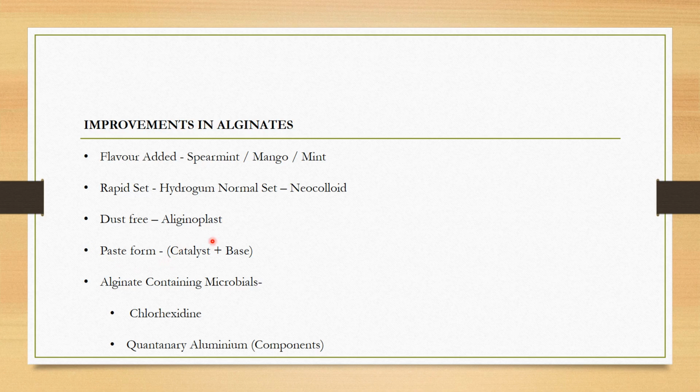There are base form catalyst plus base, and alginate containing antimicrobial agents, which is chlorhexidine and quaternary ammonium. So wherever indicated or required, we can also use these types of alginates.